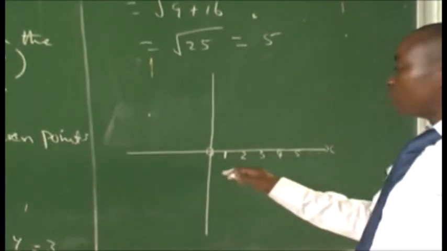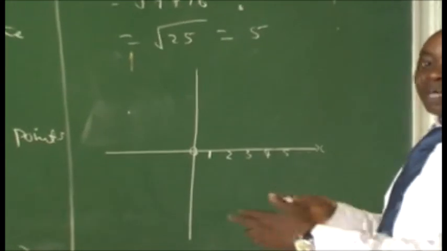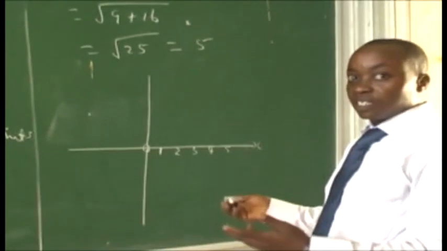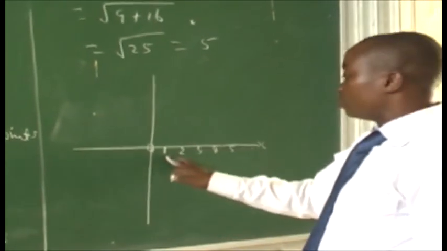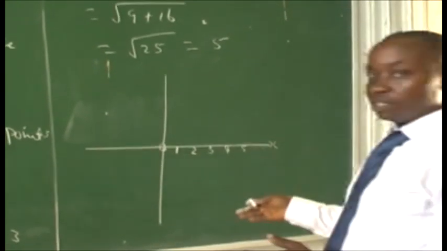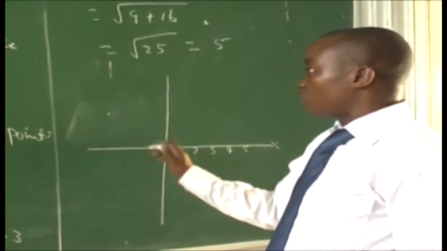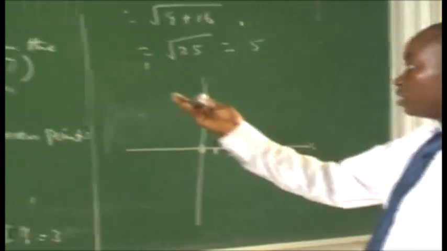This 1, 2, 3 that I'm writing can be any other number based on a given scale, but here I just choose to take one unit. So of course, we don't have negatives in our points.